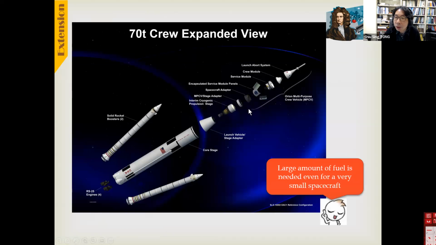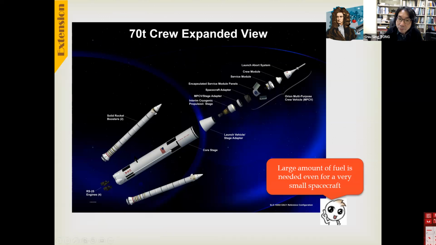Now this is how a modern rocket works. It consists of several stages. After the fuel in each stage has been used up, that engine will be disposed of in space. So eventually, when it disposes of the different stages of the rocket at different times, it will be left with only the launched system that goes into the orbit.